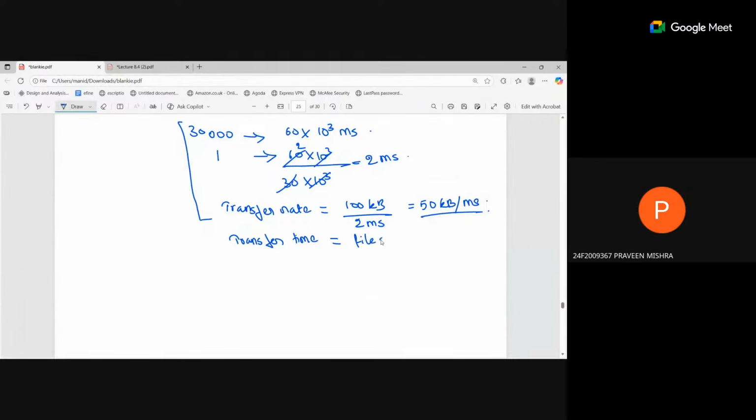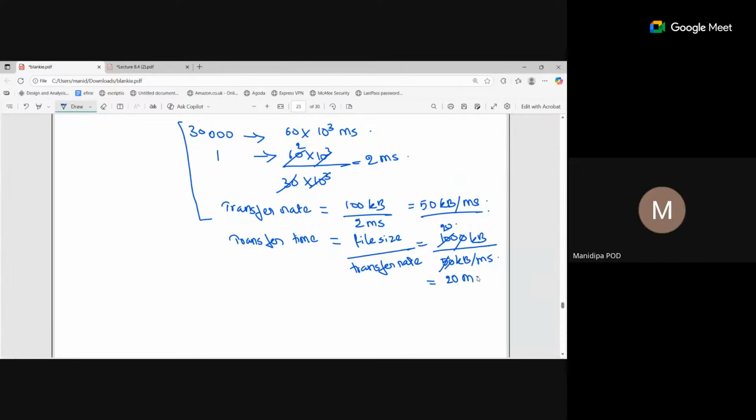File size by transfer rate. So you have 1000 KB by 50 KB per millisecond. So this is 20 milliseconds.